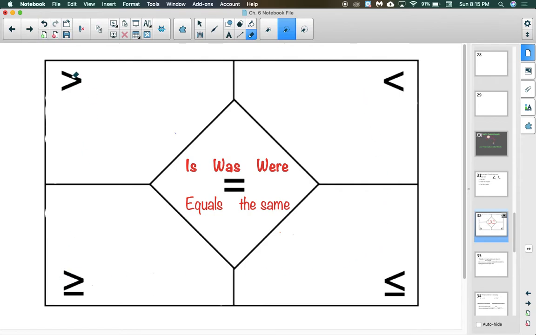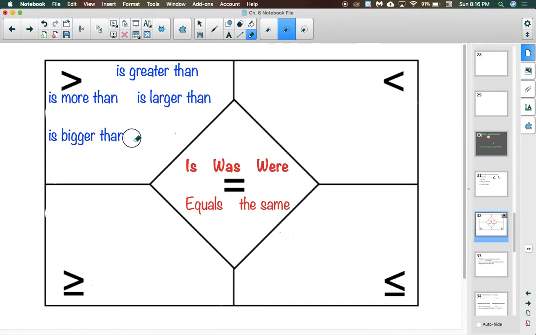So in a word problem that tells us to use an inequality to solve it, if we see any of these phrases, it would tell us to use the greater than sign. So is greater than, is more than, is bigger than, over, maybe exceeds, is larger than.